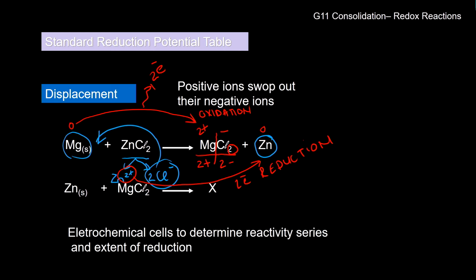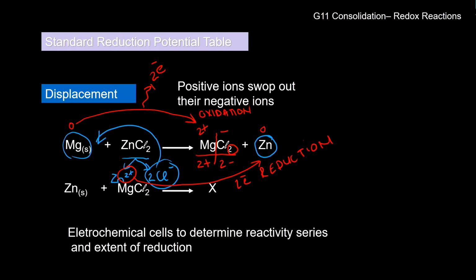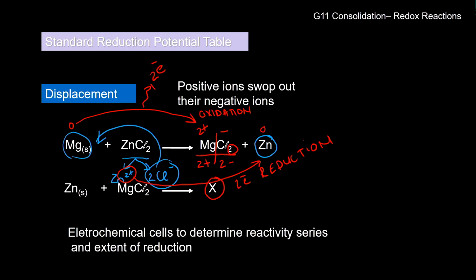Okay. When we have a look at other displacement reactions, let's say we put zinc metal into the test tube and we have got magnesium chloride in the aqueous solution. Guess what? Nothing happens. You can see the cross there. Nothing happens.